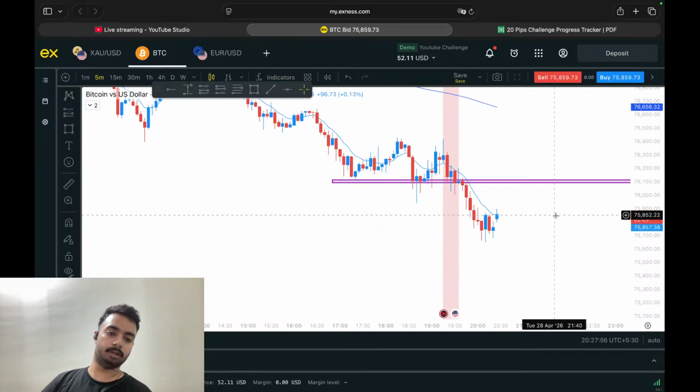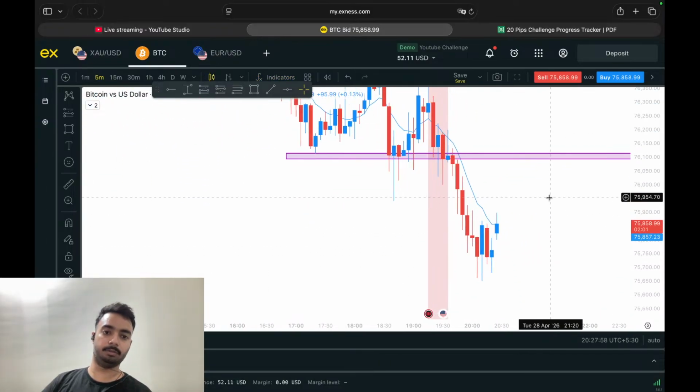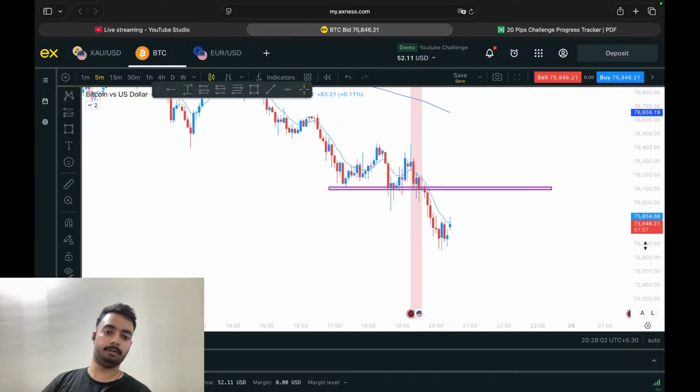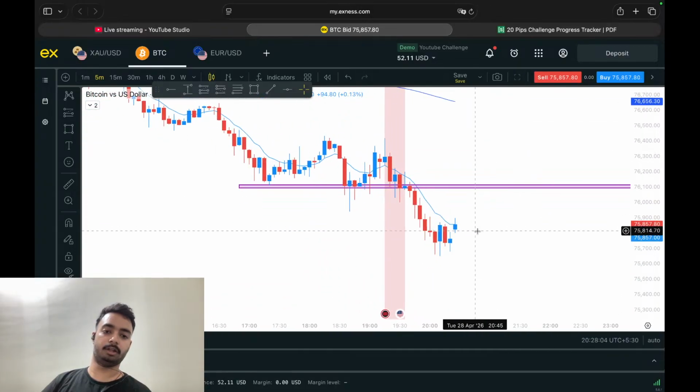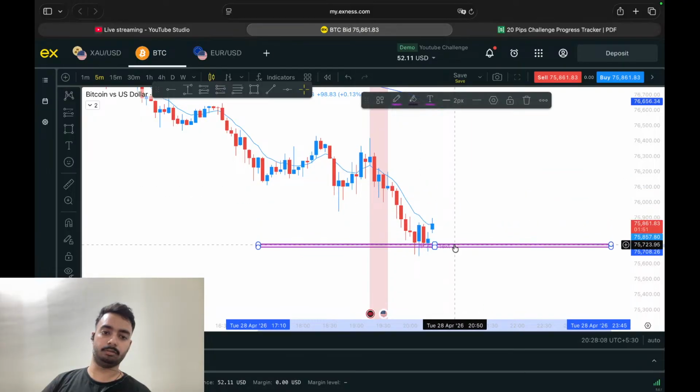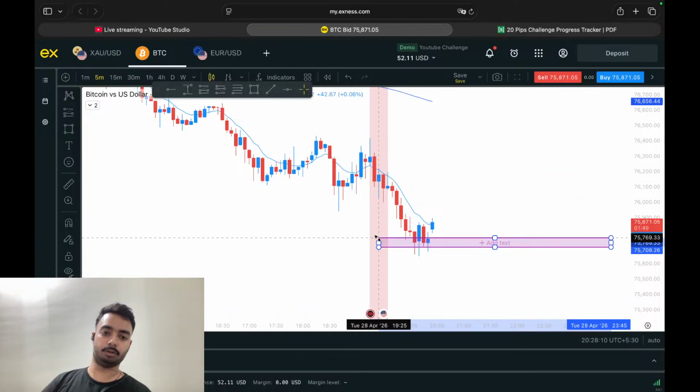The same situation is with Bitcoin. If we see the candle closing this strong, we can then switch our bias.